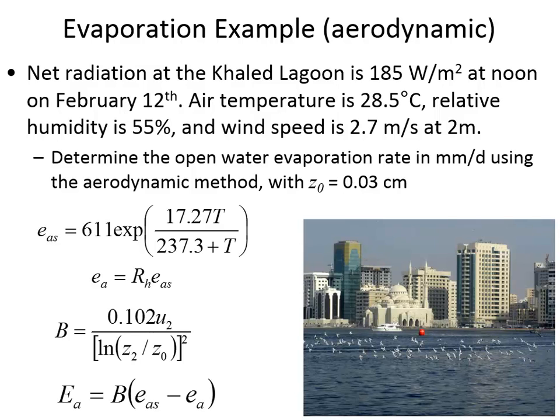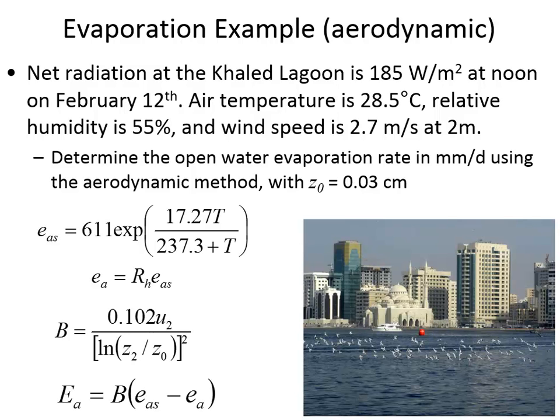Okay, so 0.102 times 2.7 meters per second, and the logarithm of 200. We have to have units consistency in Z2 and Z naught. If we're going to have centimeters for Z naught, then we have to have centimeters for Z2.